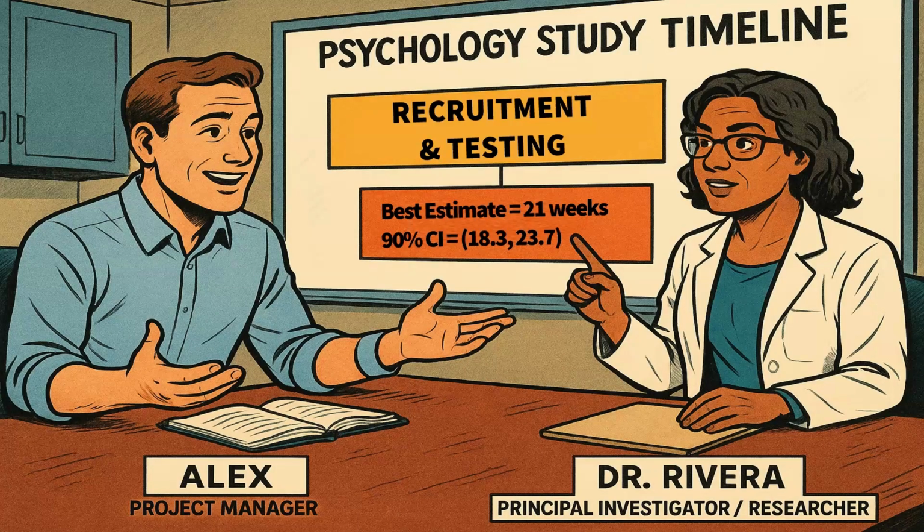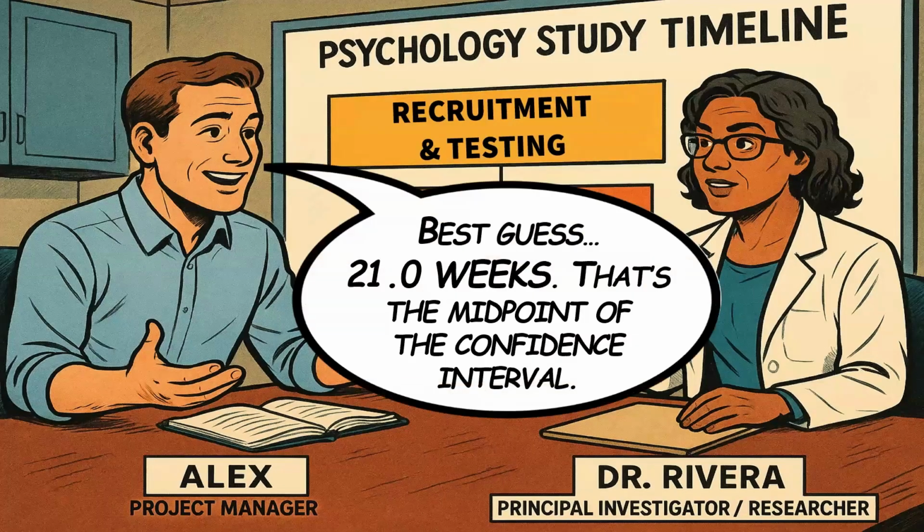So if Dr. Rivera said, you know what, I've got to go into a meeting with a bunch of administrators and educators, and I don't know if they've taken statistics. I don't know if they're going to understand a confidence interval. What is your best guess? I've got to go in there and just give them one number. What's your best guess for how long this project is going to take? In that case, Alex would say, well, my best guess is 21 weeks. And that is the midpoint of the confidence interval.